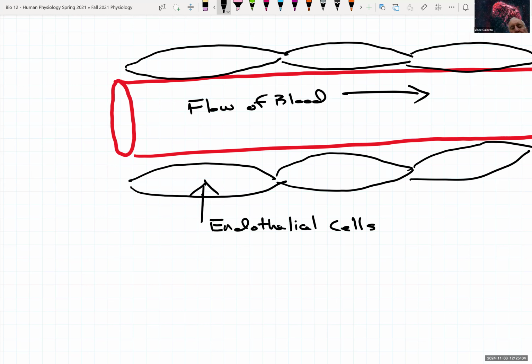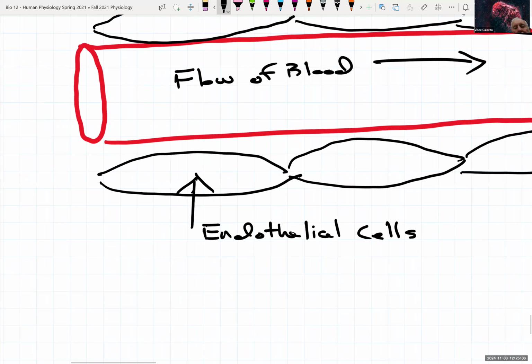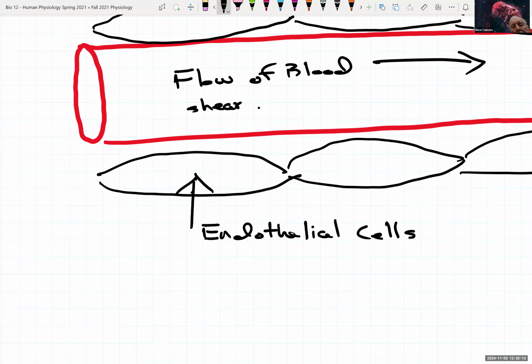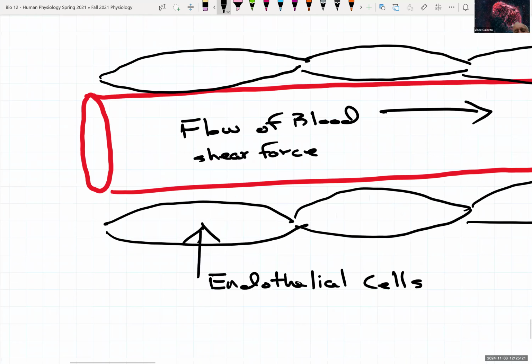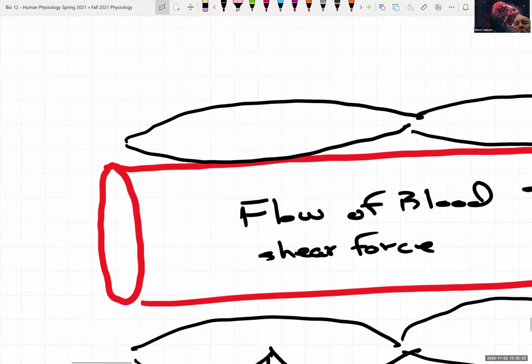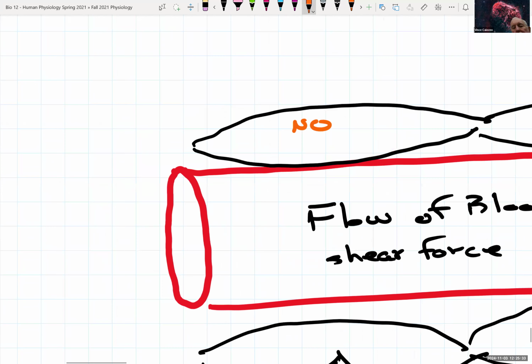And this creates what's called a shear force. And the shear force causes these endothelial cells to produce a molecule known as nitric oxide, NO.